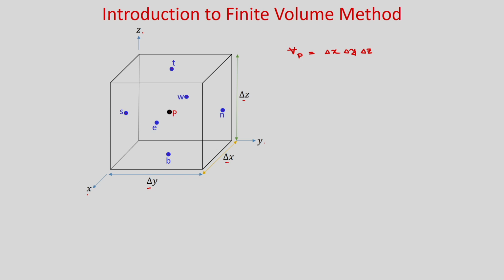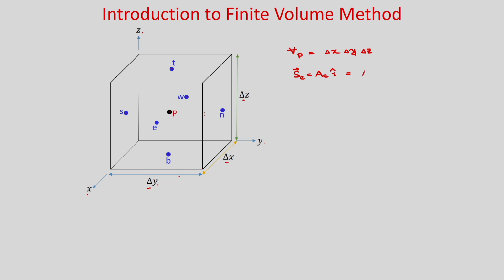And similarly we can calculate the surface area vector of each face. So S E will be A E into i. Now the east face, this front face is your east face. What is the magnitude of the surface area? That is your delta y into delta z, because this is your delta y distance and this is your delta z.